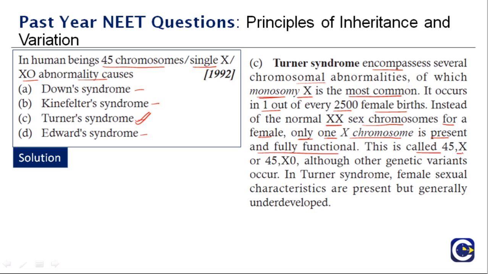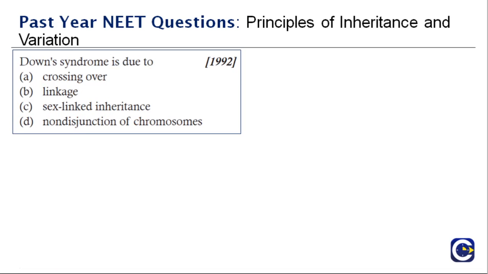This is called 45X or 45XO, although other genetic variants also are present. In Turner syndrome, female sexual characteristics are present, but they are generally underdeveloped. So it is important to know the details of Turner syndrome. So the right answer is C.